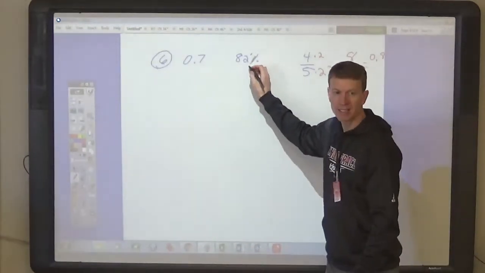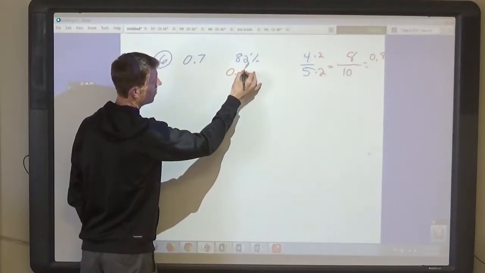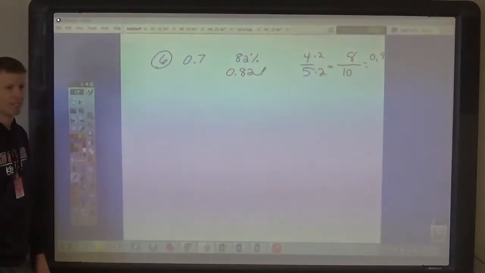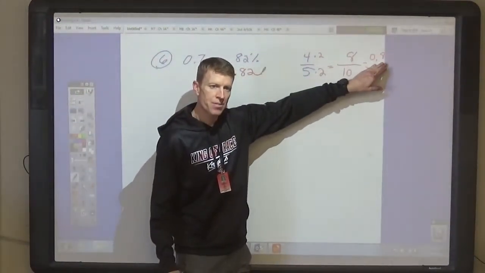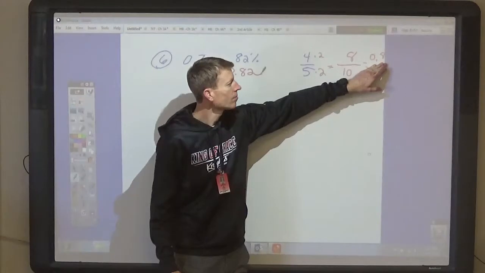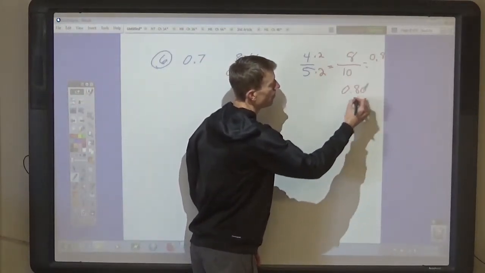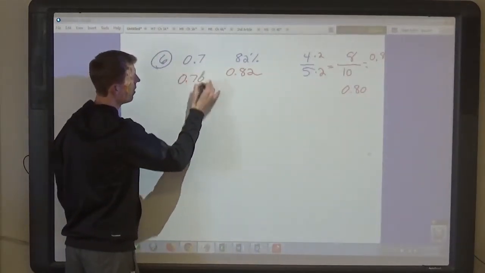Yeah, what would that be as a decimal? 0.82, right? Which would be a little bit more than 8 tenths. That would basically be 80 hundredths, yep. And this would be like 70 hundredths.